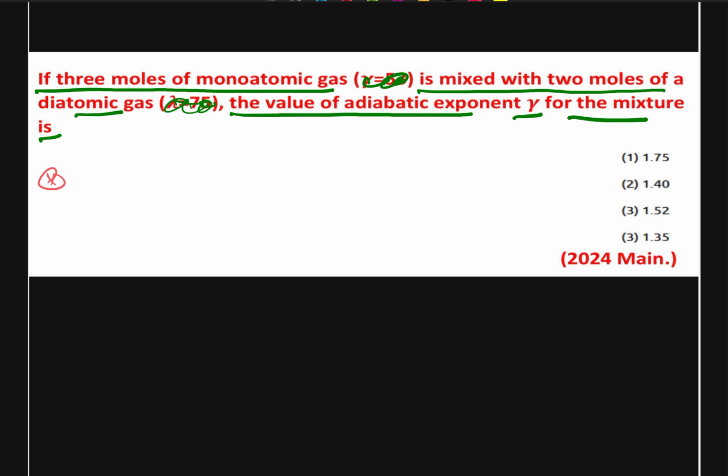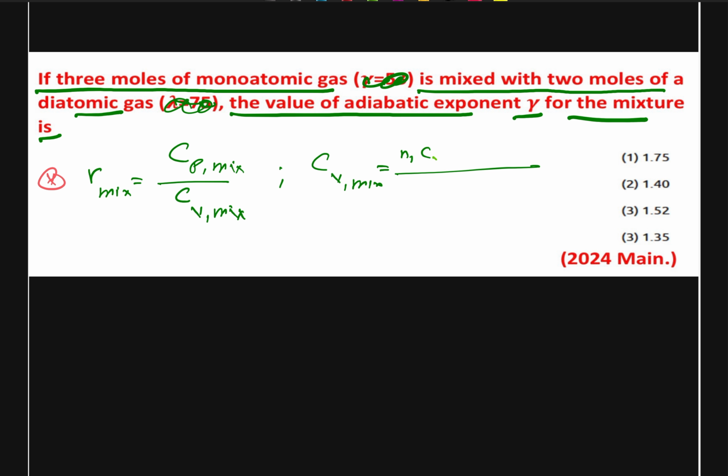So we can say for gamma for our mixture will be equal to C of P for our mixture and C of V of our mixture, and our C of V for our mixture will be equal to, we have for first gas, that is of N1, and it is C of V1 plus second gas, it's C of V2 divided by N1 plus N2.